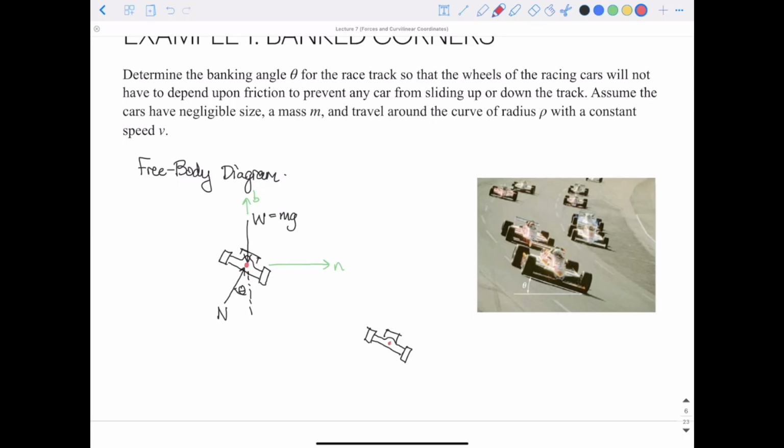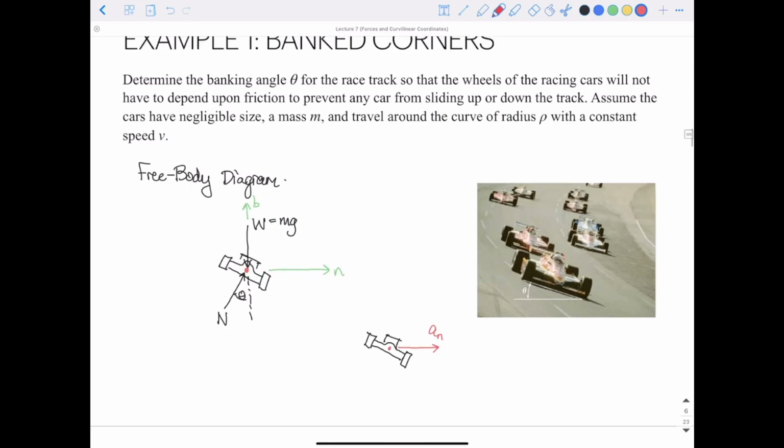Would the tangential be pointed in or out? Yeah, so there would be a normal acceleration, and that would be acting in the positive n direction. There's no binormal acceleration by definition. And in the tangential direction, there could be if the car is speeding up or slowing down. But the question says that the car is traveling at a constant speed v.